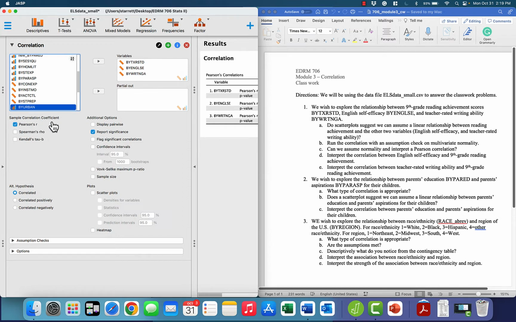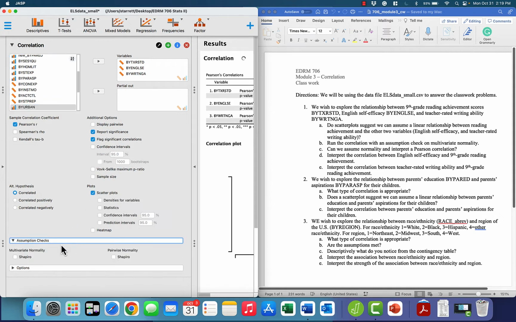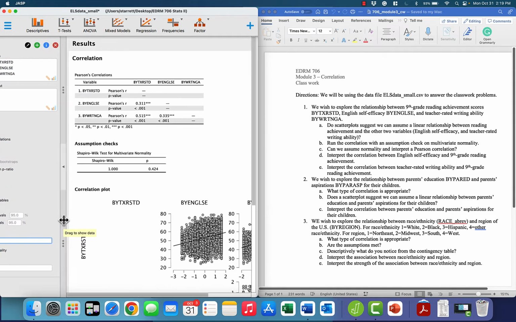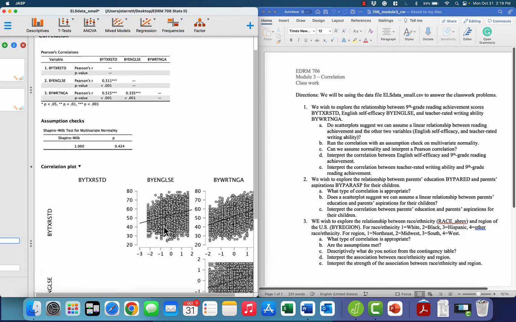And again, I'm thinking this is going to be Pearson's, but I know I need to check assumptions. I'm going to go ahead and do flag significant correlations. I'm going to do my scatter plot, and I'm going to do my Shapiro test for normality.